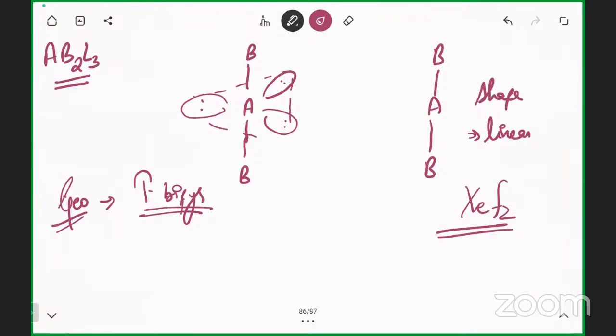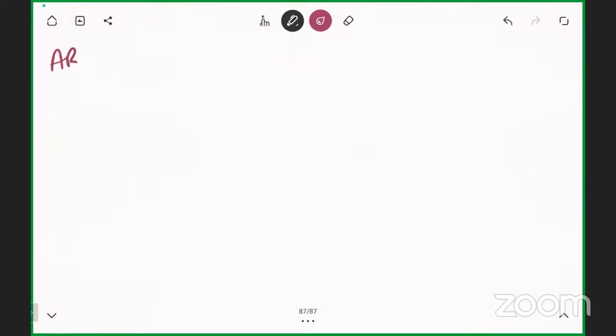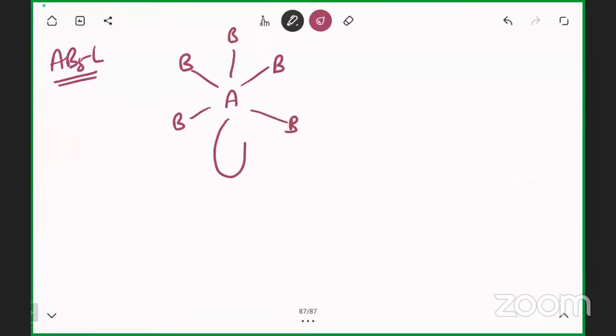Xenon fluoride. Next, AB5L. It means 5 bond pair and 1 lone pair. So A, B, B, B, B, and this B, and 1 lone pair. Which geometry? Octahedral.